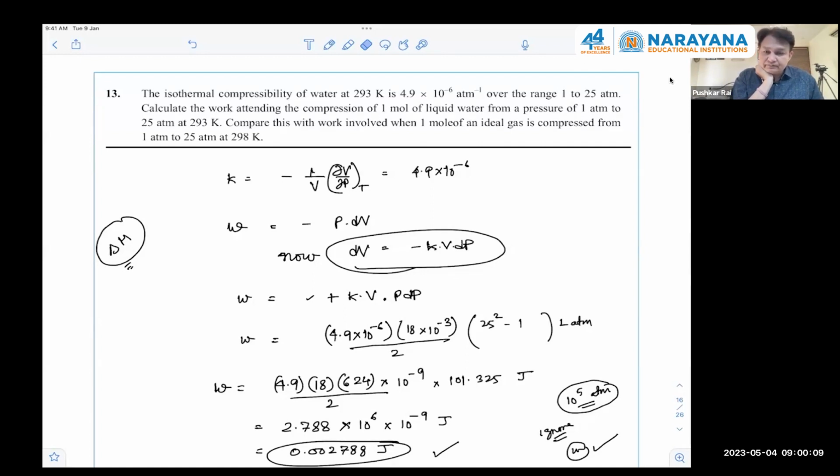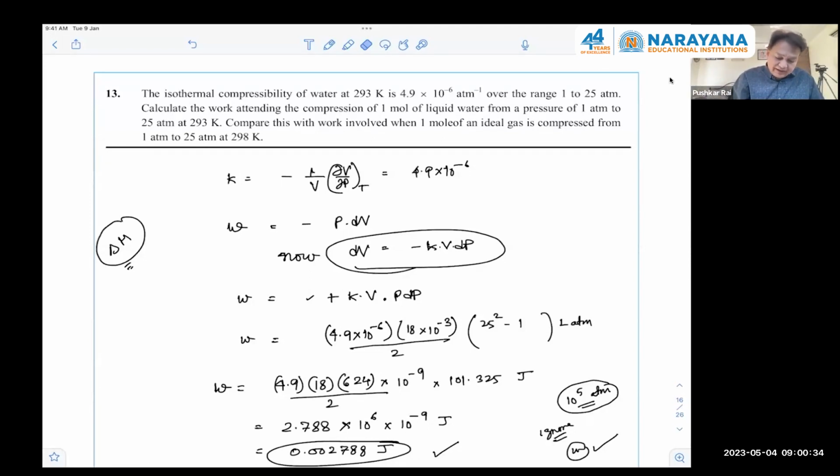Ved Prakash? Reversible will be more? No, in magnitude irreversible will be more, because in irreversible you have applied the pressure immediately, and then that volume change takes place. Are you convinced? Yes, sir. So definitely irreversible work would have been more.